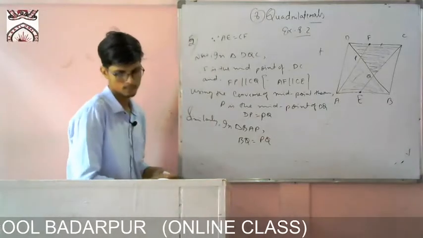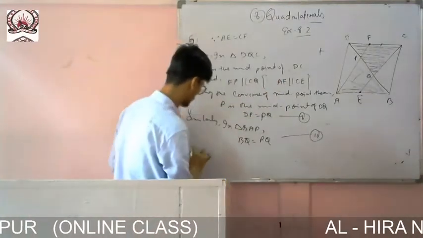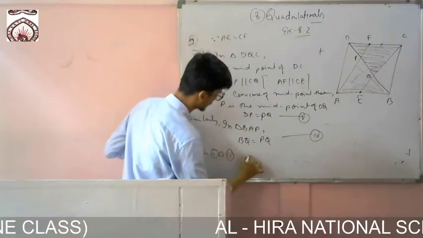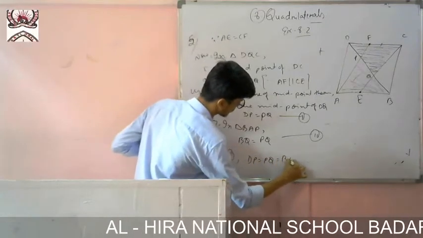This one you give as equation number 1, this one as equation number 2. So from 1 and 2 I can write DP is equal to PQ is equal to BQ.